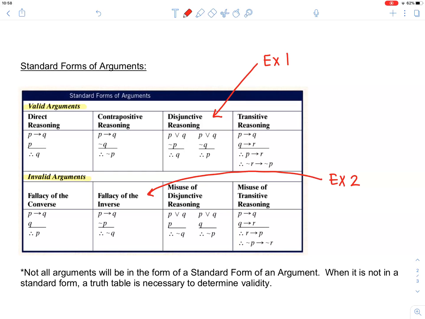So any English argument that translates into one of these forms, you can determine its validity based on its form. Now, not all arguments will be in a standard form, so when that occurs, a truth table is necessary to determine validity.